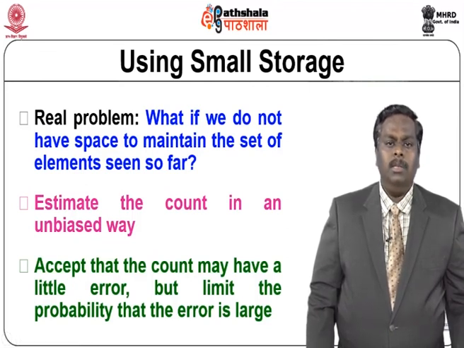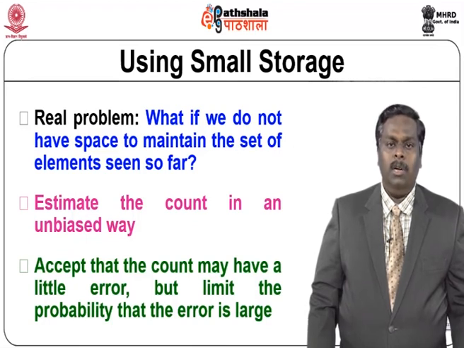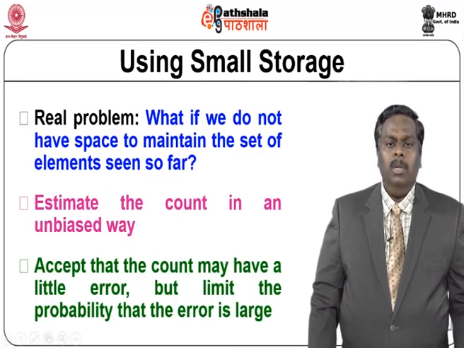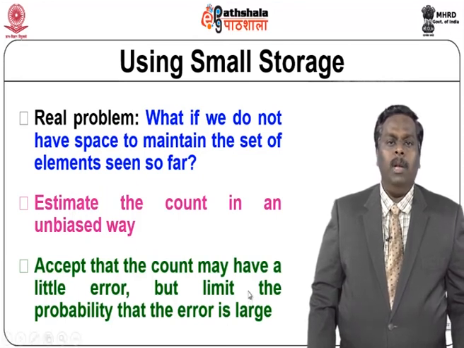In such scenarios, what we can do is estimate the count in an unbiased way, that is, you can limit the elements which are encountered, and you can fix a small probability of error, and with this small probability of error you can convey the result. So, when we have a small storage environment, the probability or chance of error must be considered as part of your result set.